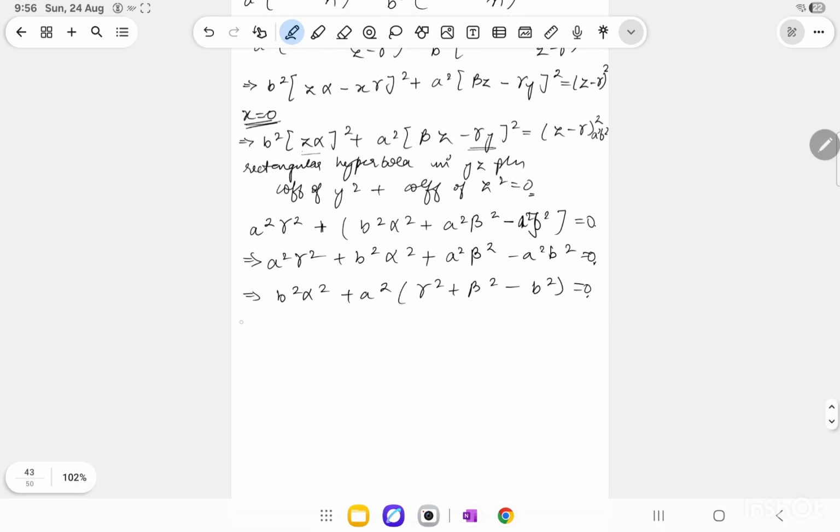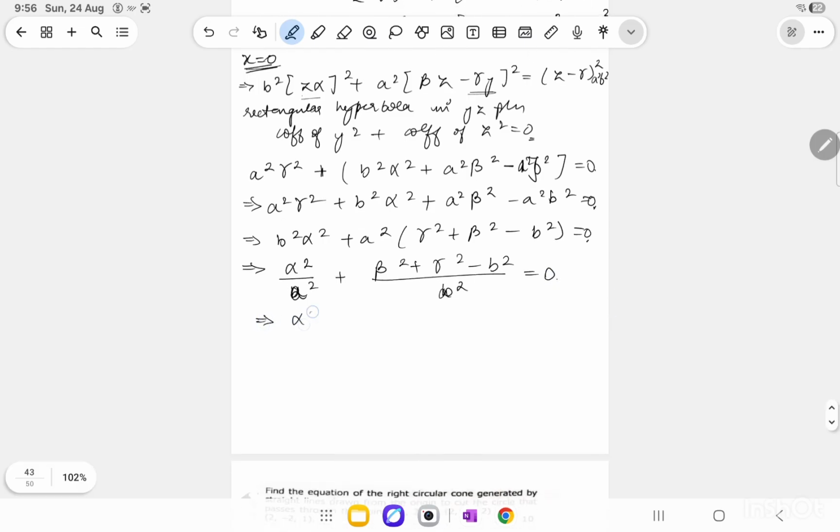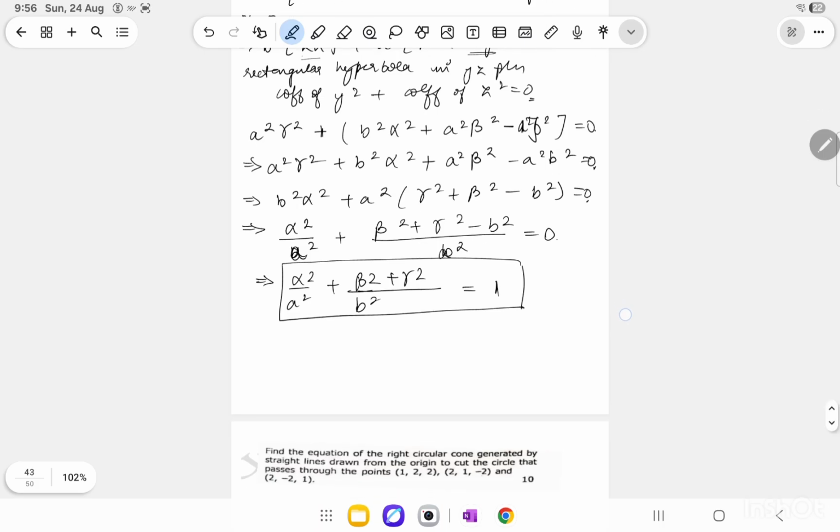So if I divide throughout by a²b², I'll get α²/a² + (β² + γ²)/b² − 1 = 0, which is basically α²/a² + β²/b² + γ²/b² = 1.